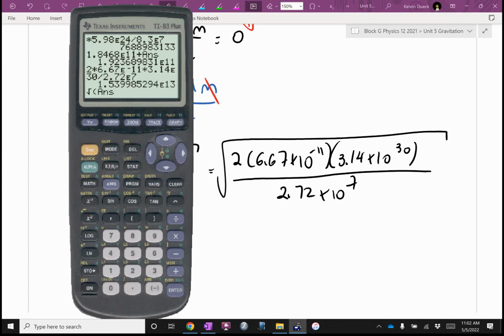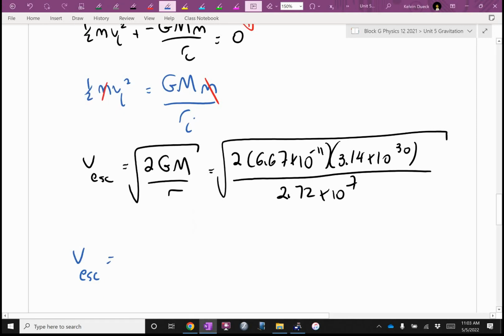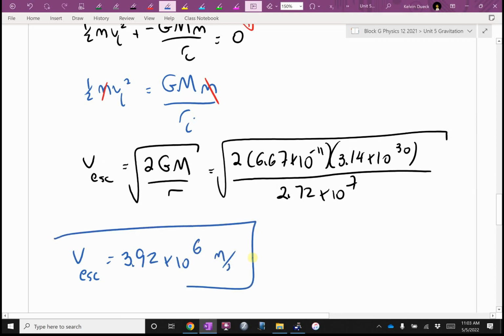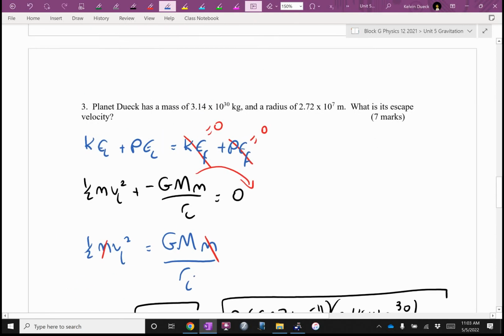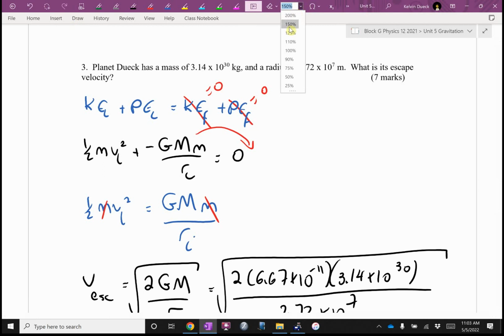Don't forget to square root, otherwise you'll need to go faster than light. Do you get 3.92 times 10 to the 6 meters per second? If you got that, what did I make this worth? 7 marks. I would give you 7 out of 7.